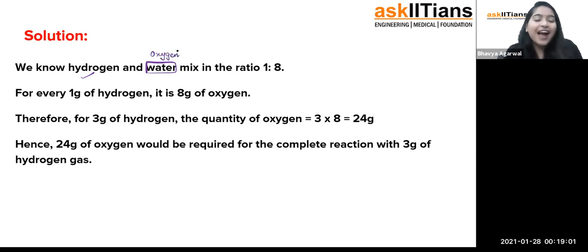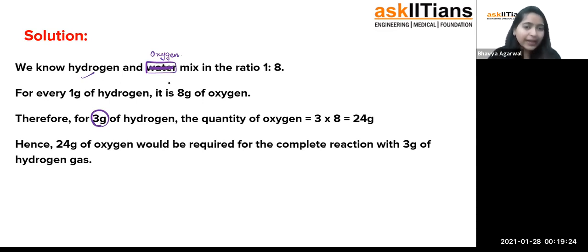So we know that hydrogen and oxygen mix in the ratio 1:8. It means that for every 1 gram of hydrogen, we need 8 grams of oxygen. So now if we have 3 grams of hydrogen, how much oxygen would I need?